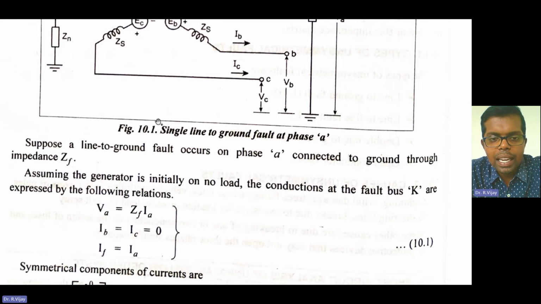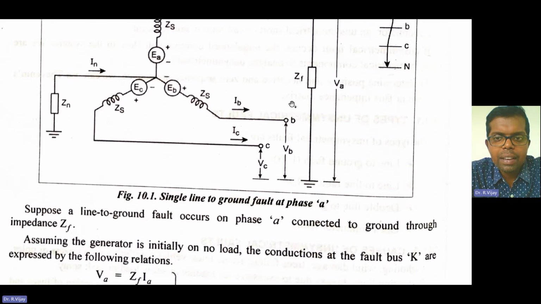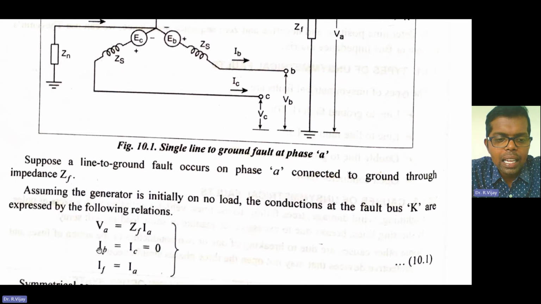We are assuming the generator is at no load, but practically speaking there will be a load, because without load you can't see anything here. So the conditions at the fault bus K are expressed as: VA, the voltage at phase A, is equal to ZF into IA, and the currents at phase B and phase C are equal to 0.